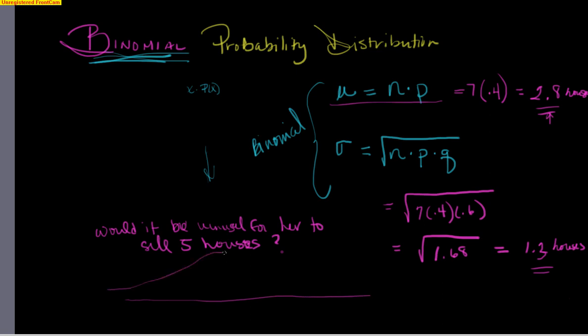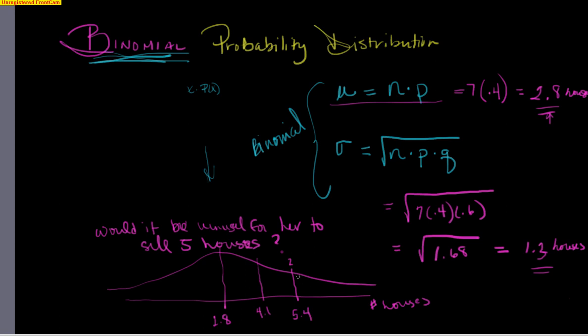All right, so if we had a normal distribution curve here, here's the mean at 2.8 houses. This is number of houses. And one standard deviation would be 1.3 above that. So 2.8 plus the 1.3 is equal to 4.1. We have to go one more standard deviation above that. Here's 2. So we're going to add another 1.3, which is equal to 5.4.